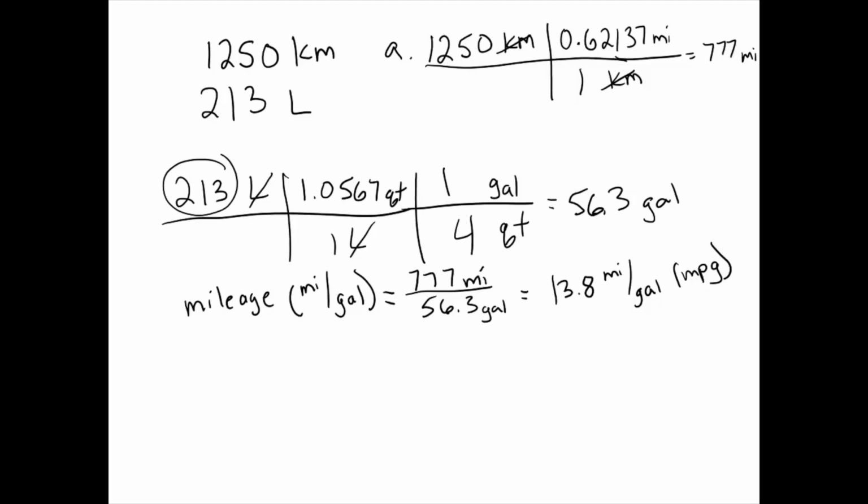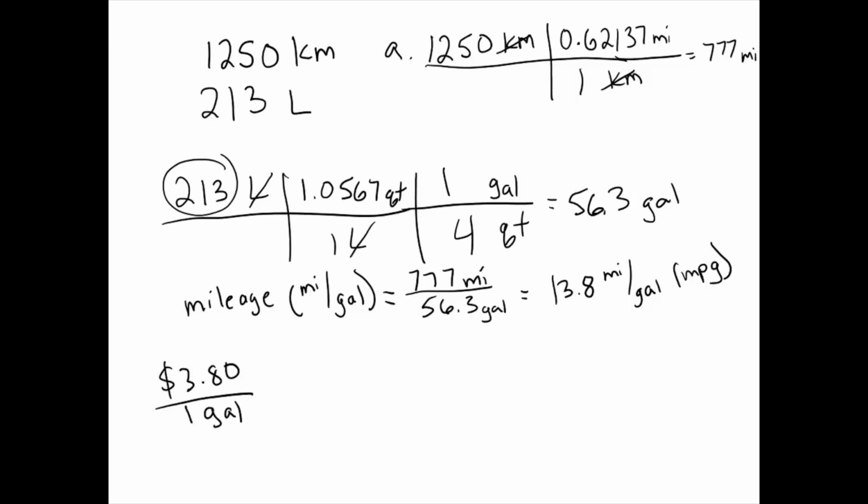All right. So then part B, we're told gasoline costs $3.80 a gallon. What is the fuel cost for this trip? So we're told $3.80 per gallon. So we can make that into a conversion factor. So we have $3.80 for every 1 gallon.